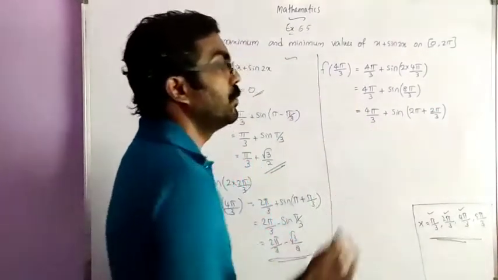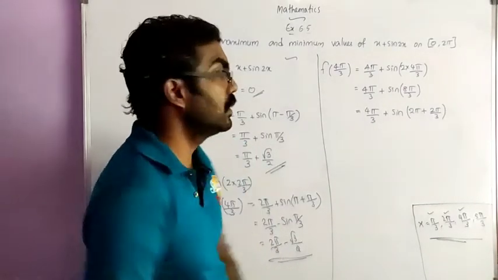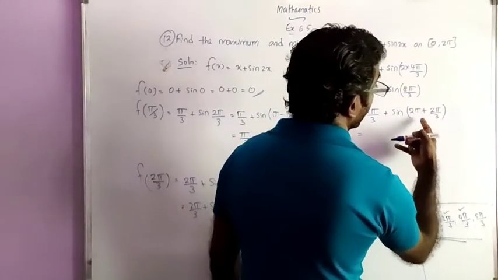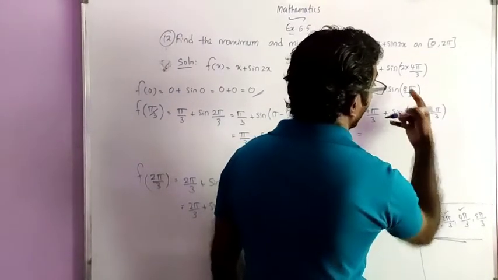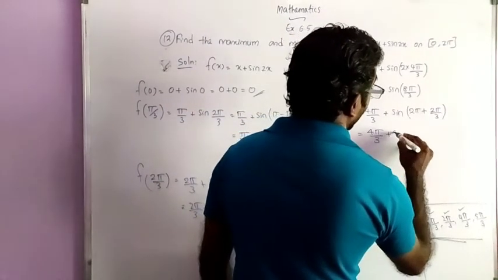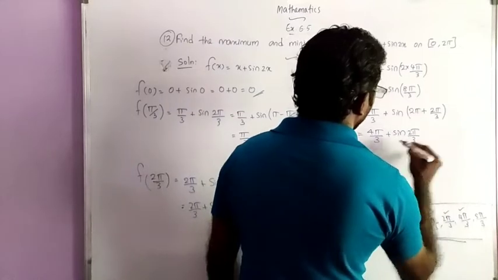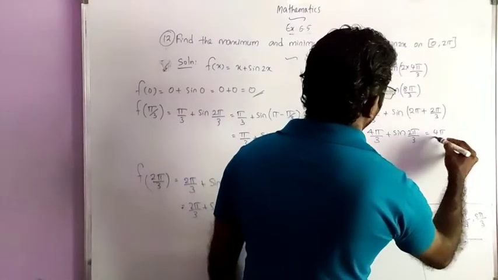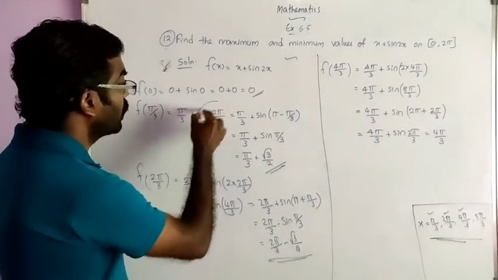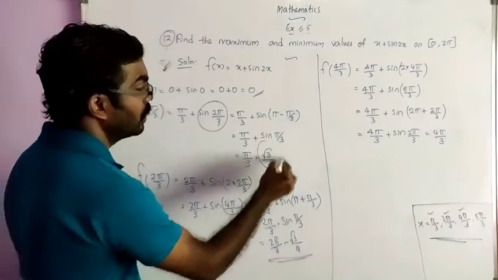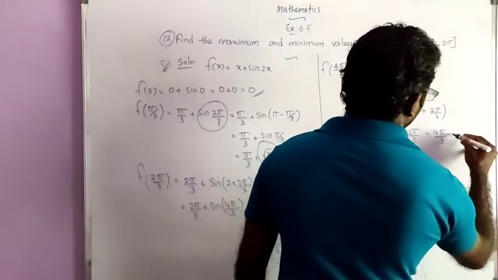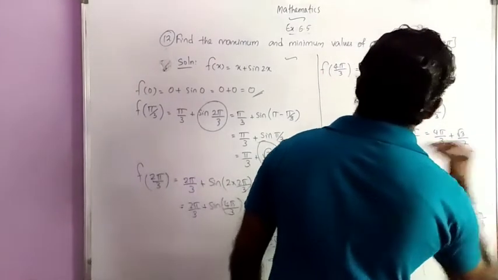Sine 2 pi plus theta is again sine theta. If you cross multiply, you can verify that: 3 into 2, 6, 6 plus 2, 8. So 4 pi by 3 plus sine 2 pi by 3. Sine 2 pi by 3 value we have already found out. What is sine 2 pi by 3? The value is equal to sine pi by 3, which is root 3 by 2. So plus root 3 by 2.